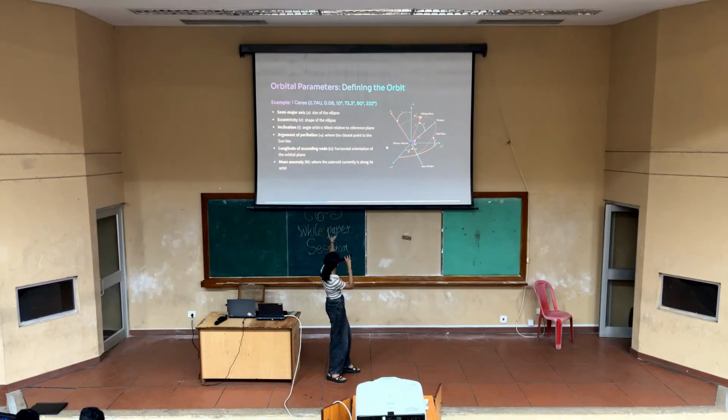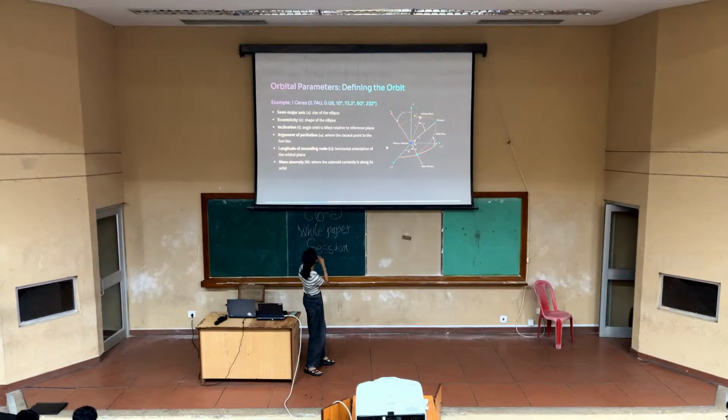Argument of perihelion is the angle on the orbit where the closest point to the Sun lies for the body. Longitude of the ascending node is the angle that adjusts the horizontal orientation of the orbital plane. And then finally the mean anomaly. It's the angle on the orbit where the asteroid actually is along its orbit.